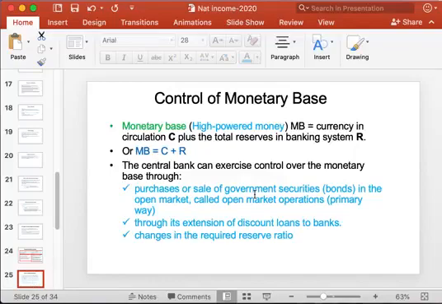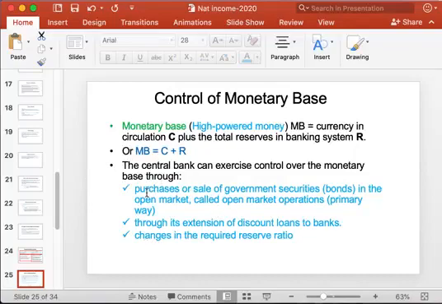So if you go a little bit detail on how central bank can exercise control over the money, then it can actually control through these three different ways: purchase or sale of government securities in the open market, called open market operation, or through its extension of discount loans to banks, or by changing what is called required reserve ratio, which we will see in the later part.